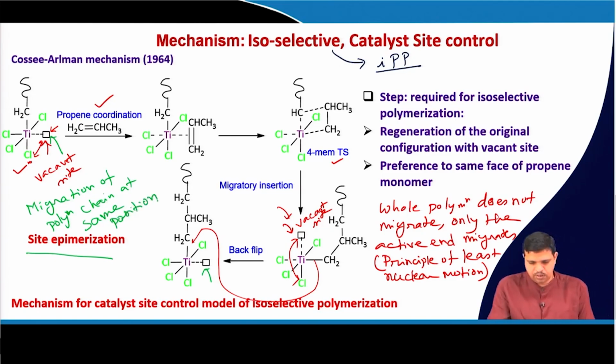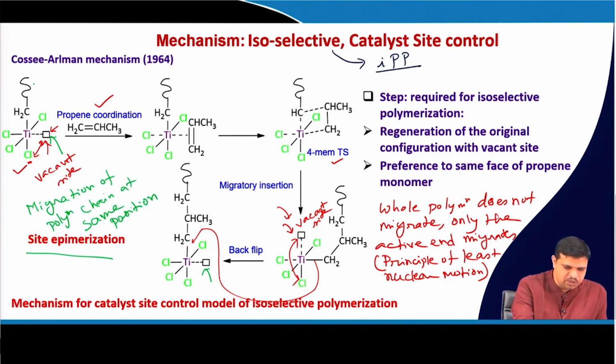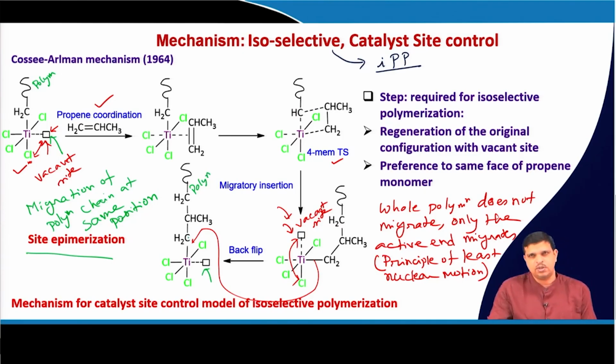Here is my polymer chain, and now here is my polymer chain, but its length has increased by 2 carbons after insertion, obviously, and my vacant site is now at the same position as in the previous step. So this is the mechanism for isoselective polymerization.